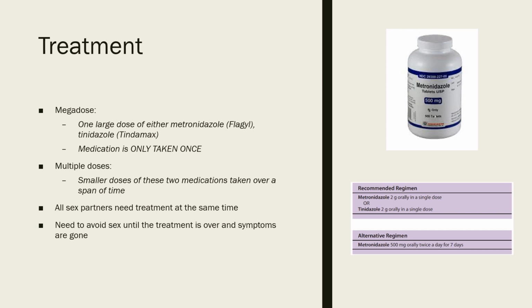They might not realize they have it, but will still need the medication. It is important to avoid sex until the treatment is over and the symptoms are gone. And then, just like your antibiotics, you need to make sure that the full prescription is completed even after you start to feel better, to make sure that the infection is cleared completely, because it can come back.